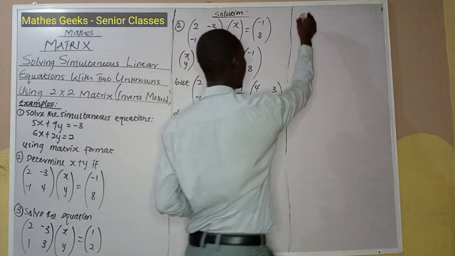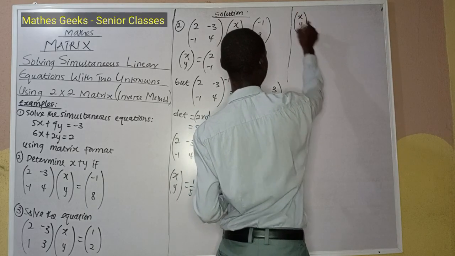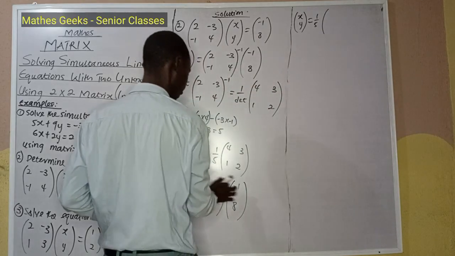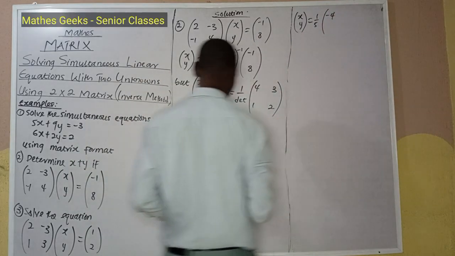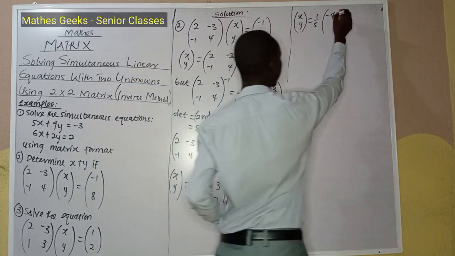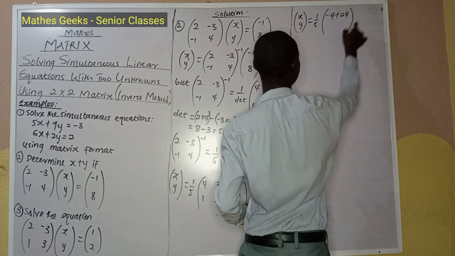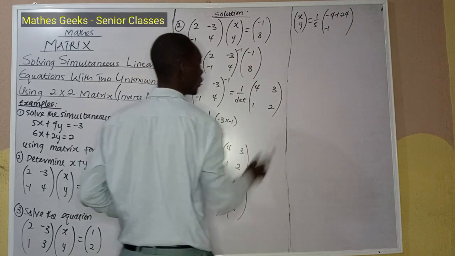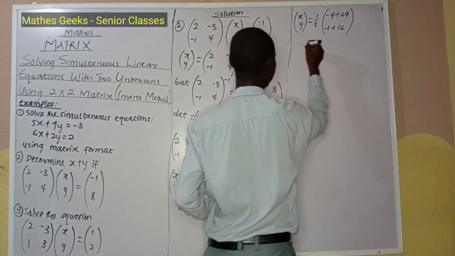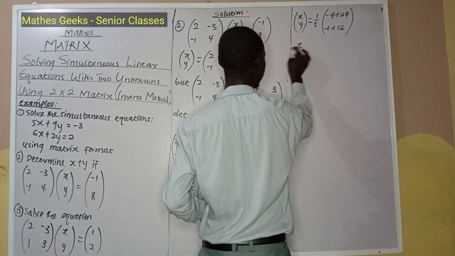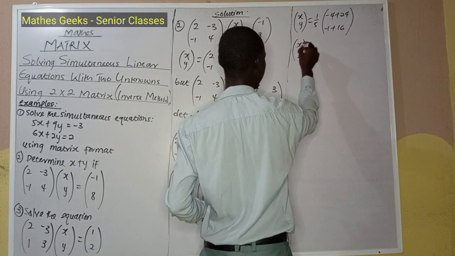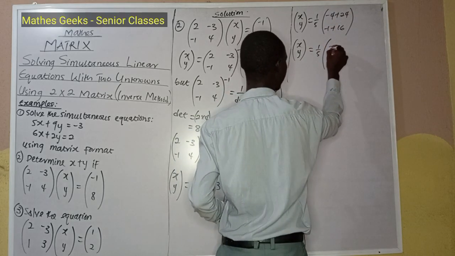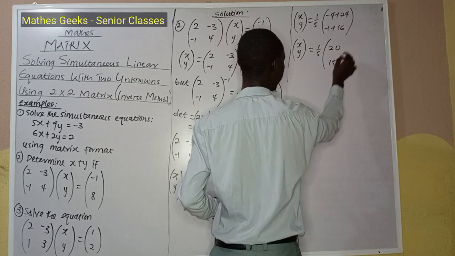So x, y equals 1 over 5, 4 times minus 1, minus 4, 3 times 8, plus 24, and 1 times minus 1, minus 1, 2 times 8, plus 16. x, y is equal to 1 over 5, minus 4 plus 24 is 20, minus 4 plus 16 is 15.